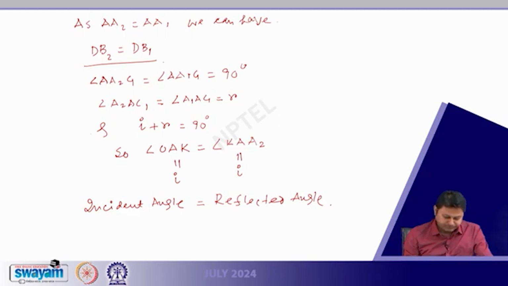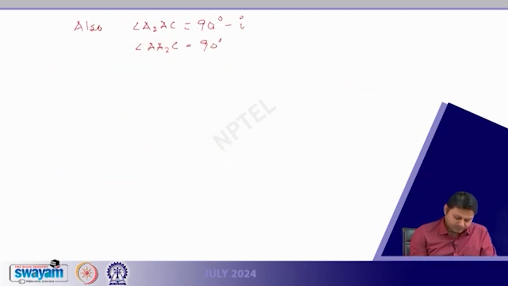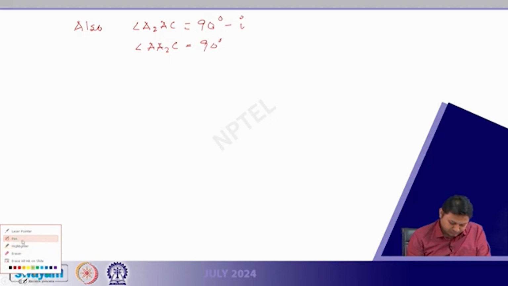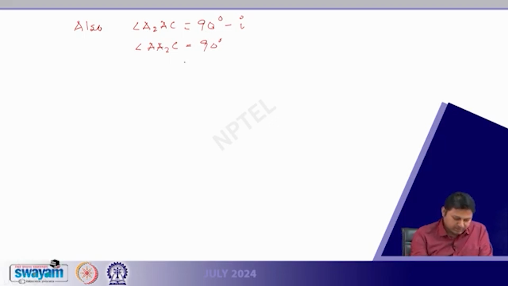So, I have this is 90 degree. So, angle A C A2 is I, which is equal to angle B C B2.